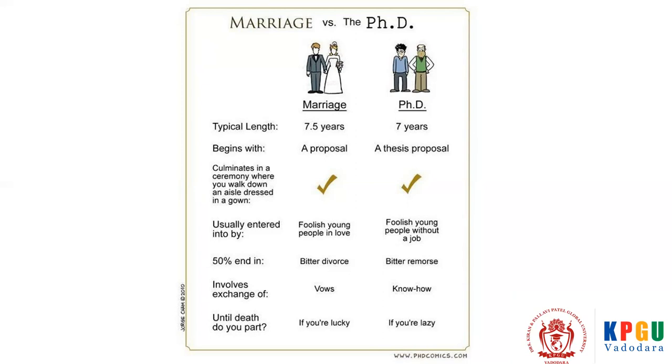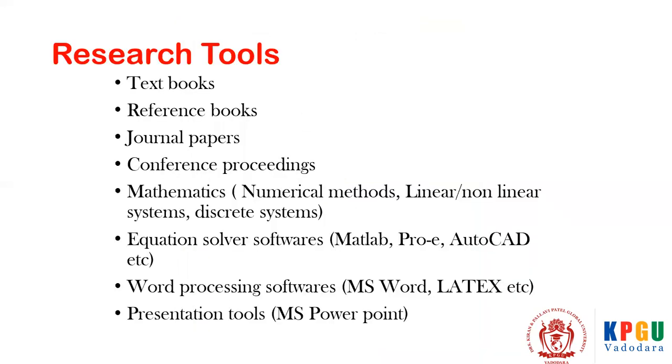This data is not true for India, but maybe overall it is true. It is from www.phdcomics.com. And yeah, a successful marriage lasts until death do you part. And in a PhD, you are not able to part with your guide if you're lazy, right? So that should not happen with you.